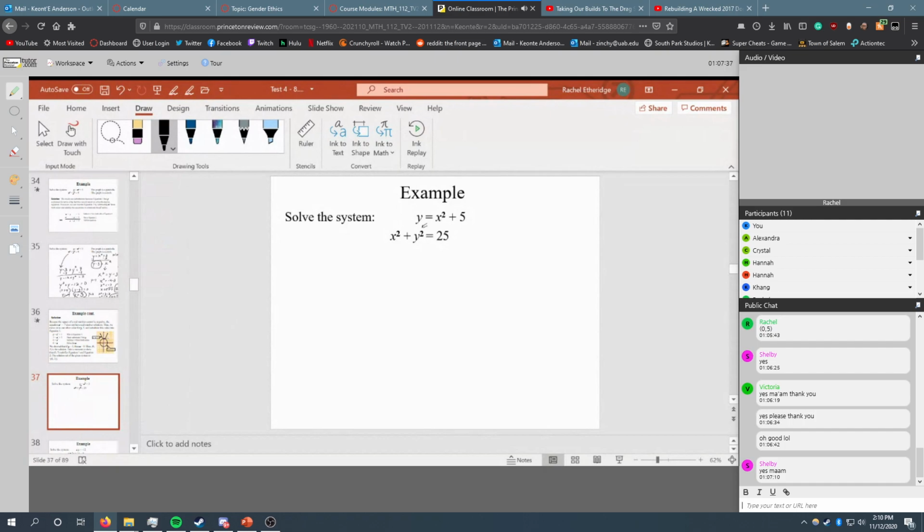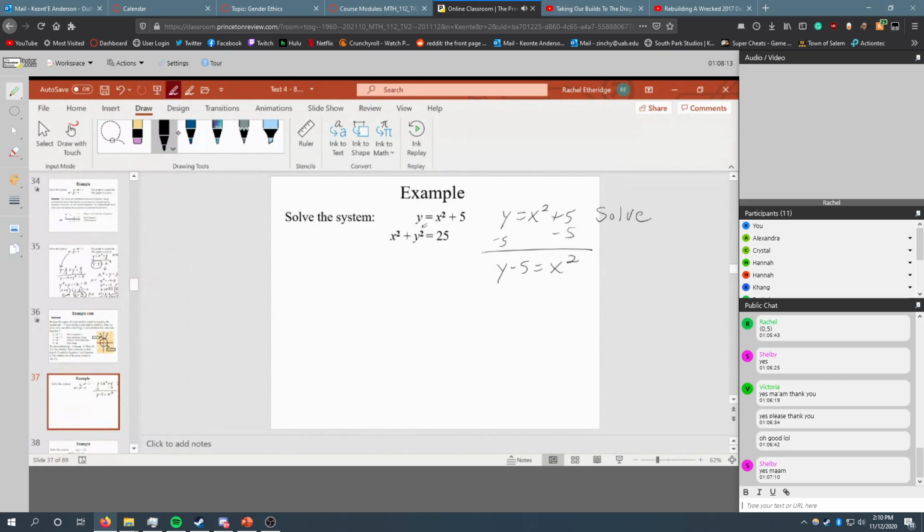Try to avoid that. So what I want to do is take y equals x squared plus 5 and solve for x squared so I can substitute for x squared instead of for y, because I don't want to square x squared and get an x to the 4th. It could be a big deal harder. So here's what I'm going to do. I'm going to subtract 5 from both sides, and I'm going to get x squared equals y minus 5.